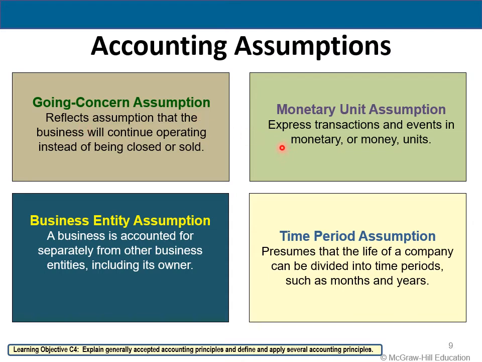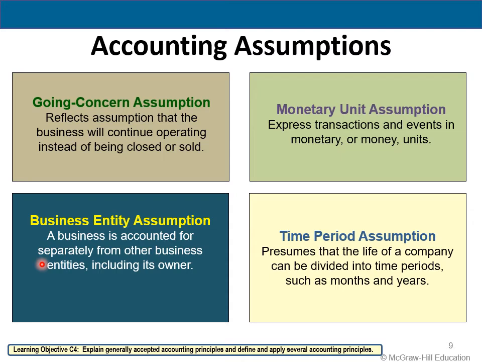Monetary unit assumption. This is quite simple. We express the results of operations in monetary units. It can be dollars, Swiss francs, euros, the yen, any currency. But the results of operations are expressed in monetary units. For most of our purposes, it's going to be dollars.